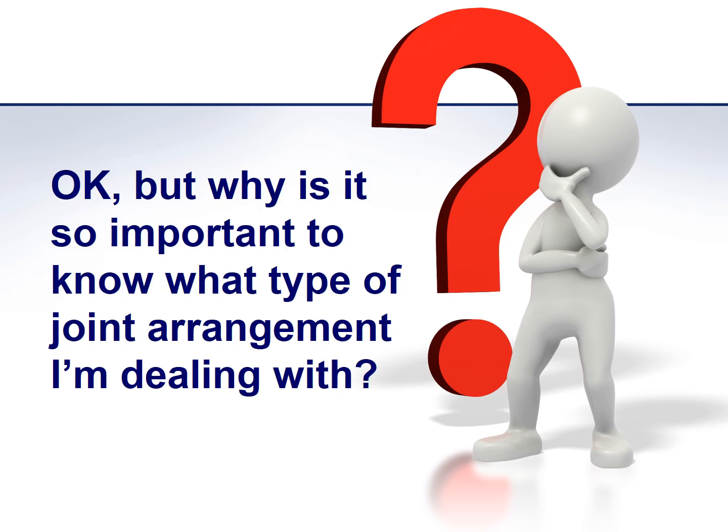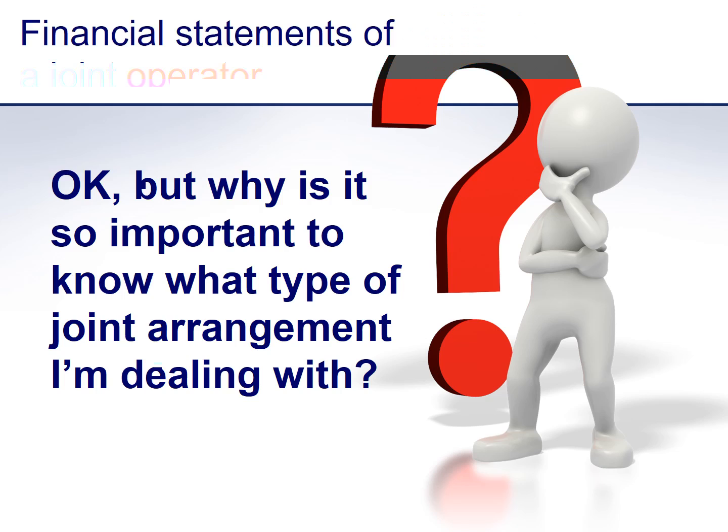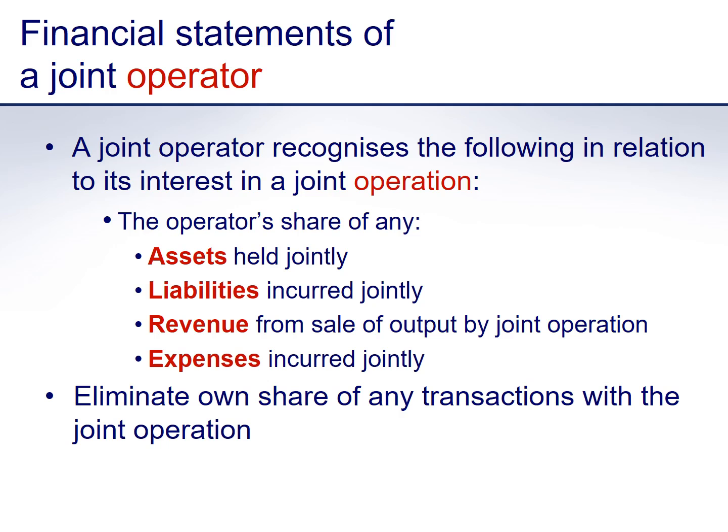This distinction between what type of arrangement we've got is quite important, because it determines the accounting that has to be applied by the party to the joint arrangement. If the joint arrangement is a joint operation, you'll recall we said that would mean that you're a joint operator.